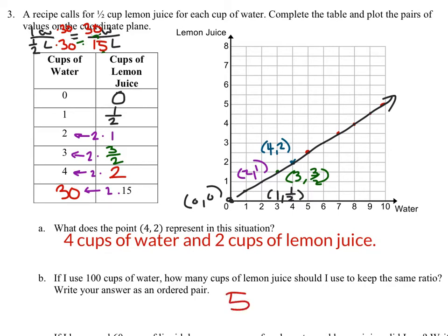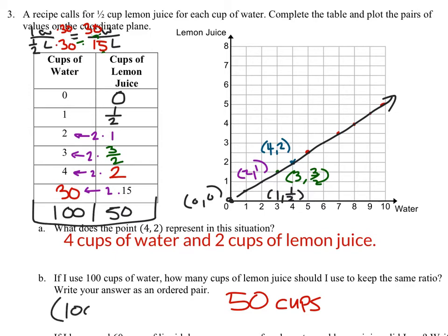I would need 50 cups. How do we get that? Well, the cups of lemon juice is just half of whatever the cups of water is. Yeah, so this would be an ordered pair, right? So in other words, it said 100 cups of water, and this is what it would look like in the table, right? If we extended this. And then we got 50 cups. So the ordered pair would be 100, and then 50.